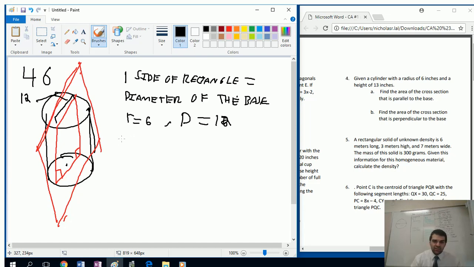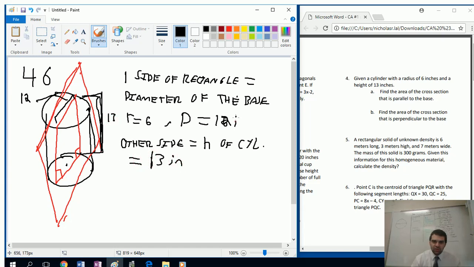And then the other side of the rectangle is equal to the height of the cylinder. So the height of the cylinder is also going to be the height of the rectangle. So that's going to be 13 inches. And this is 12 inches.